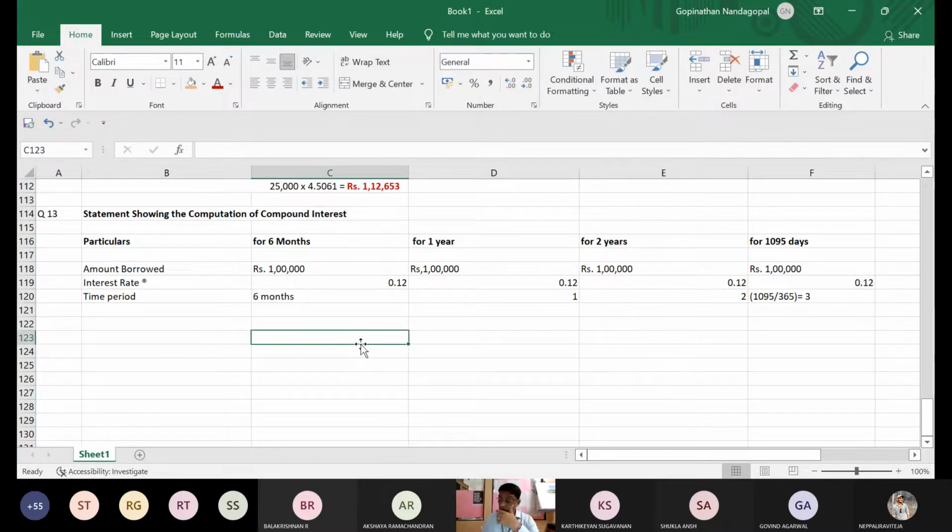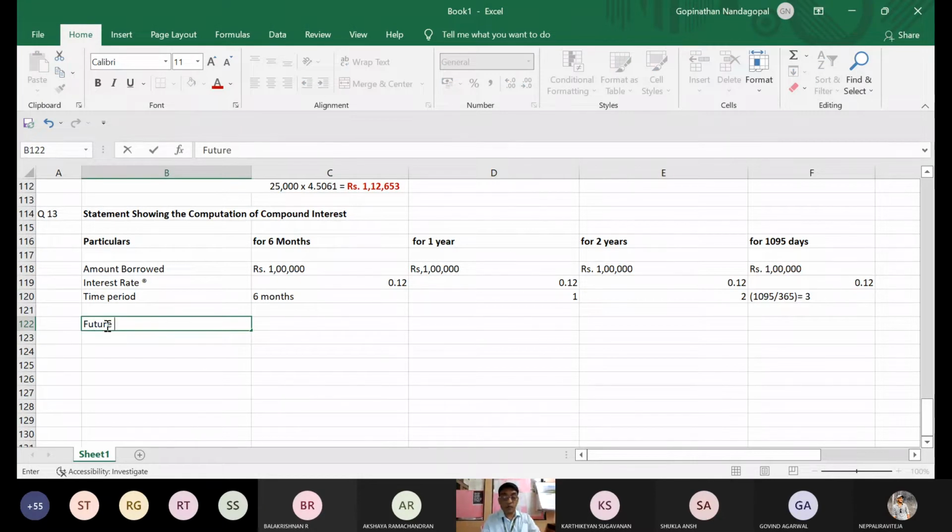Right. Now, the next one that you should know is the future value. We have to calculate the future value. The future value is nothing but, I've already told you the formula.